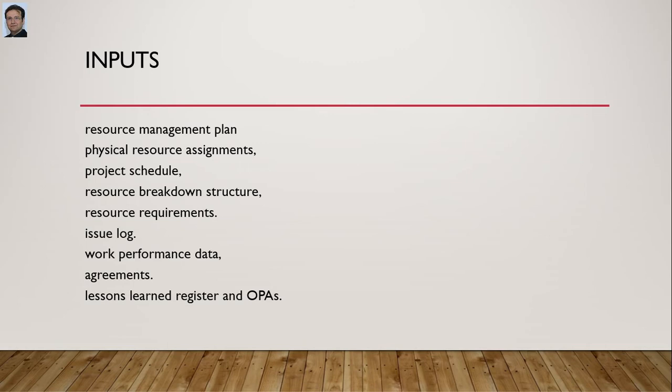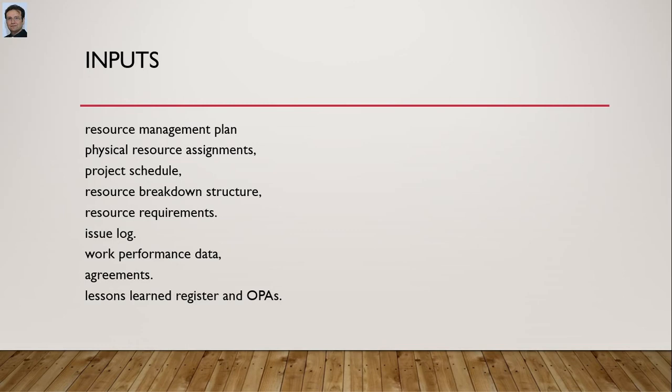Then we have the project schedule, which shows the resources that are needed, when they are needed, and the location where they are needed. Next is the resource breakdown structure, which provides a reference in case any resource needs to be replaced during the course of the project.